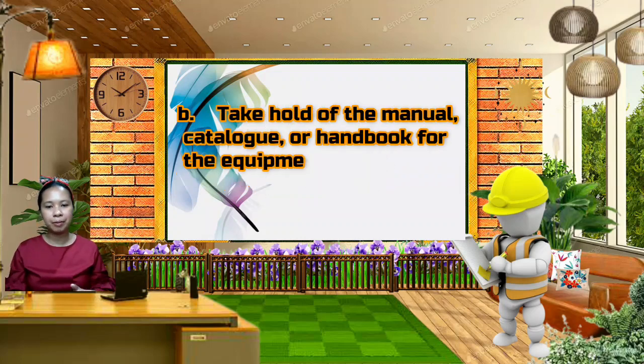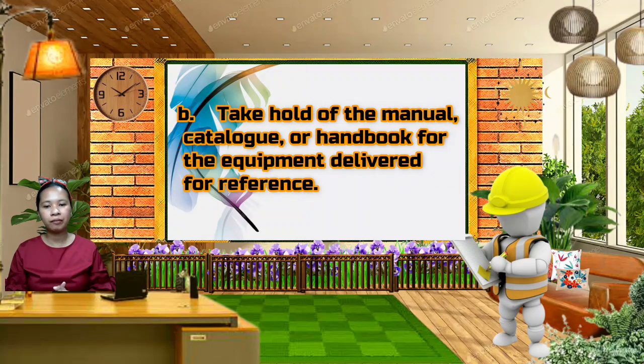Letter B is to take hold of the manual, catalog, or handbook for the equipment delivered for reference. All data and information contained therein should conform with the delivery: the serial number, point of origin, color, and the accessories or tools that go with the equipment.